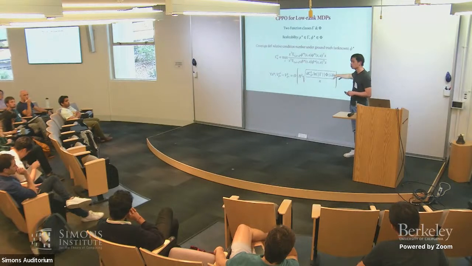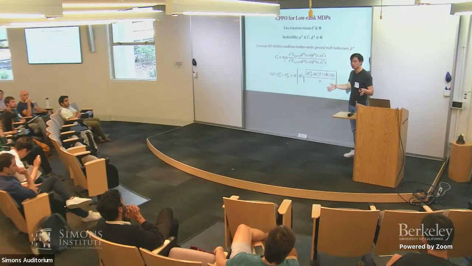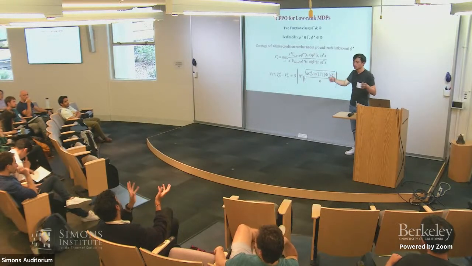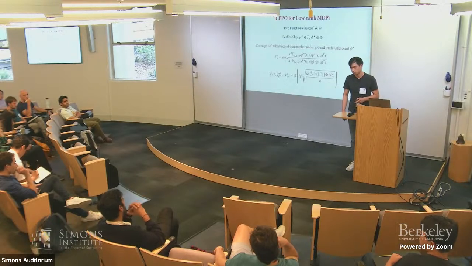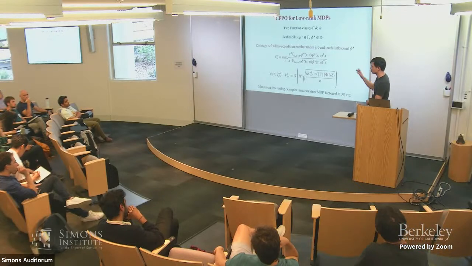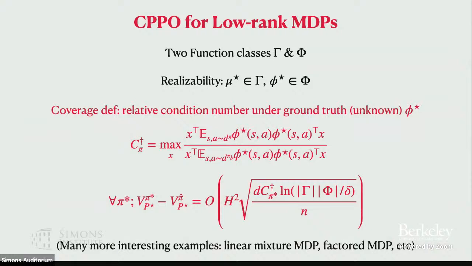So, like, all we're doing here is MLE, and all we need is the standard supervised learning style generalization bound for MLE. So you can literally just replace this part, but just kind of for a low dimensional space. Right. I'm not going to talk about the other models, but this framework actually works for several other interesting models like linear mixture MDPs and also factored MDPs.